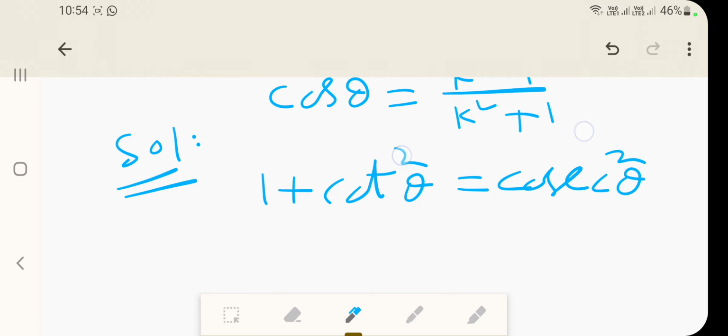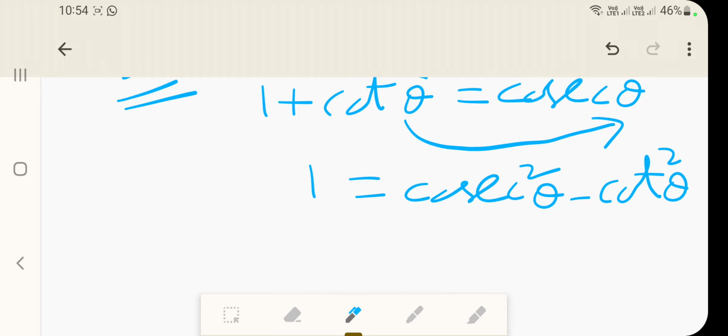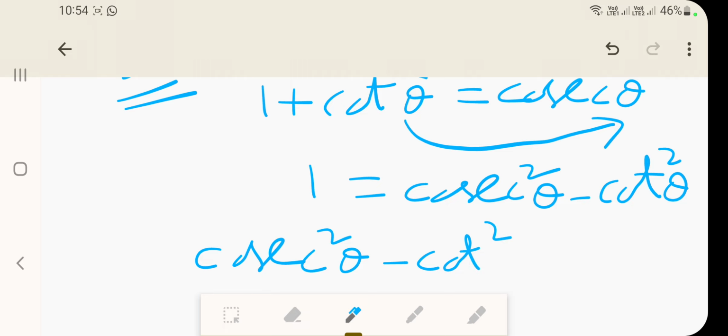Here we take cot square theta to the right hand side: 1 is equal to cosecant square theta minus cot square theta. So this is a very important identity, similar to the earlier one. Cosecant square theta minus cot square theta equals 1.